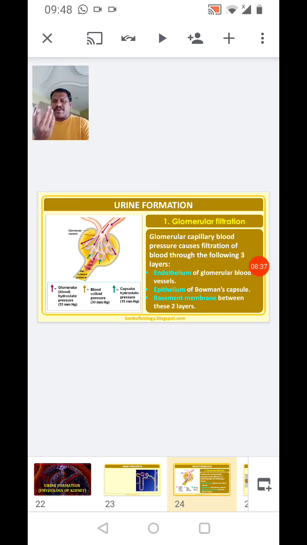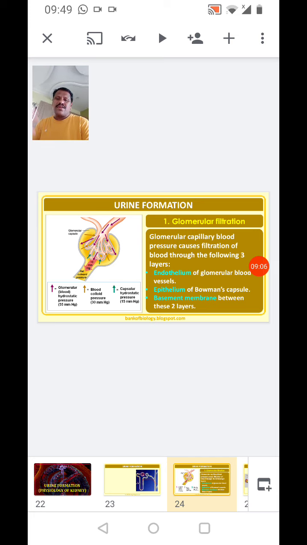Suppose the hydrostatic pressure of the blood of the glomerulus and the sum of the glomerular colloidal osmotic pressure and the hydrostatic pressure of the Bowman's capsule become equal. Then the filtration of the blood does not occur.